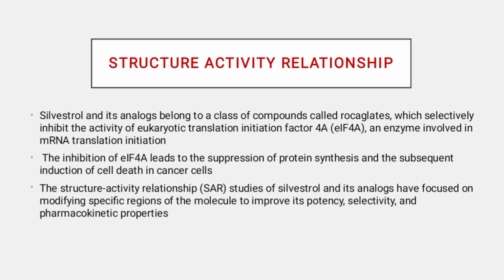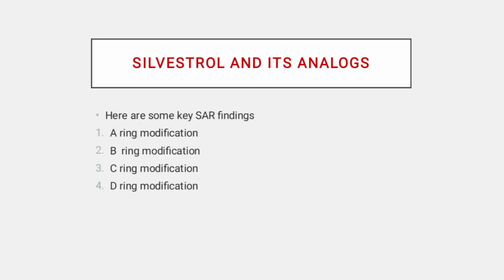The inhibition of this translation initiation factor leads to the suppression of protein synthesis and the subsequent induction of cell death in cancer cells. The structure-activity relationship studies of Silvestrol and its analogs have focused on modifying specific regions of the molecules to improve its potency, selectivity, and pharmacokinetic properties.